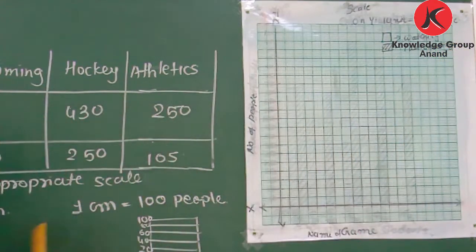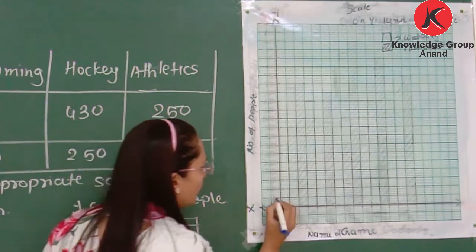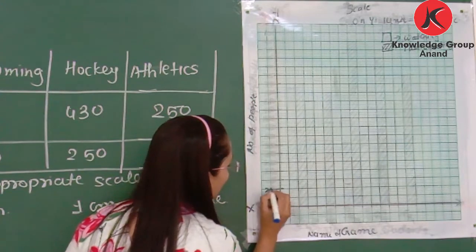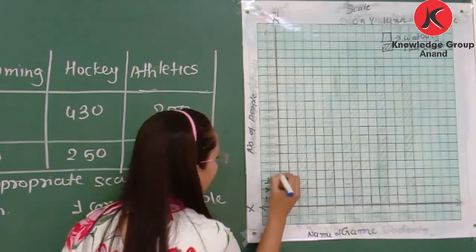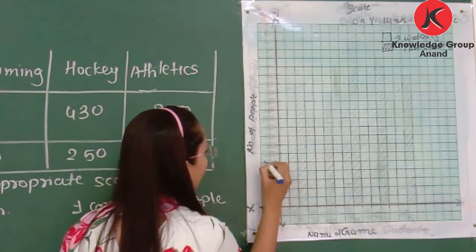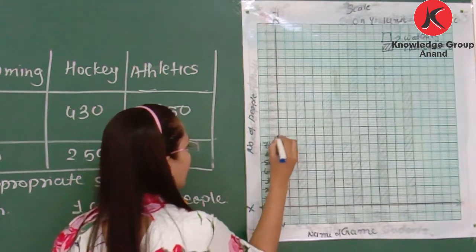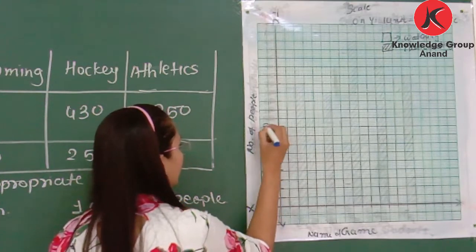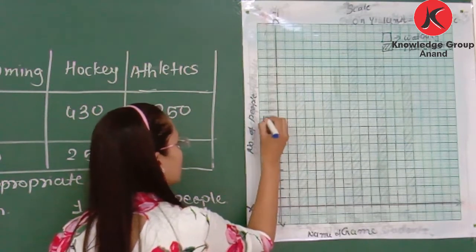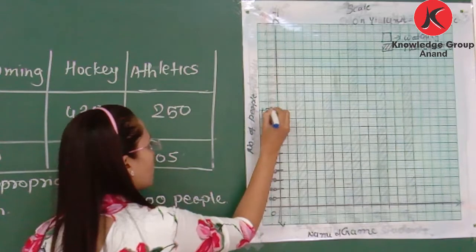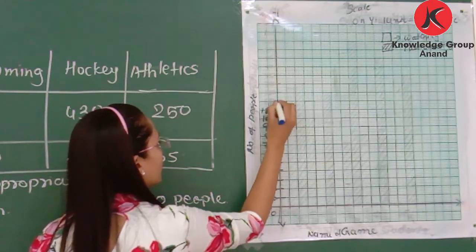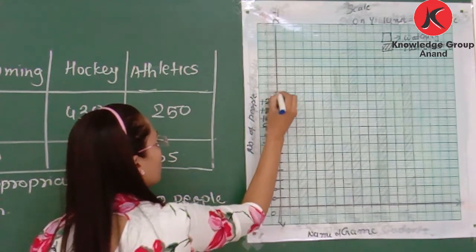Now, first cricket. Here we will give the labels: 100, 200, 300, 400, 500, 600, 700, 800, 900, 1000, 1100 and 1200.